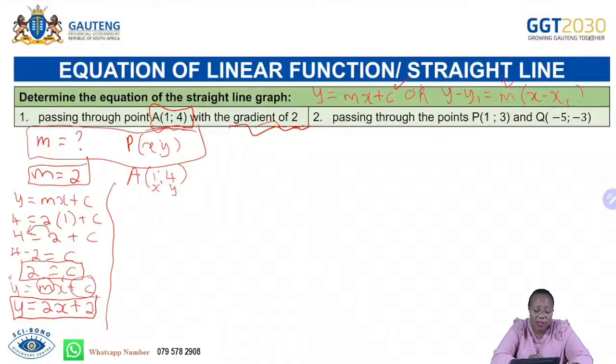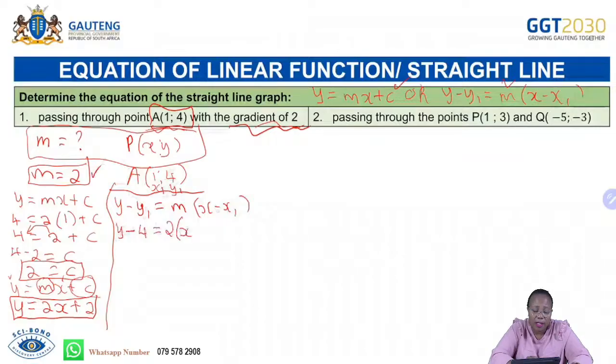Okay, now let's say the second learner decided to use the equation y minus y1 equals m into x minus x1. Let's see, will this learner also have the same answer? The point for this learner will be x1 and y1 now, no more xy. So let's substitute: y minus y1, which is 4, equals the gradient 2 into x minus x1, which is 1.